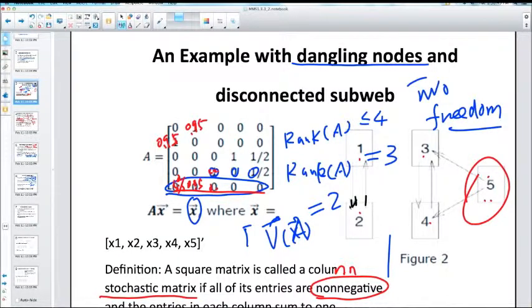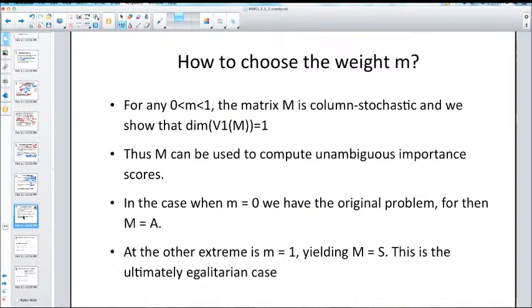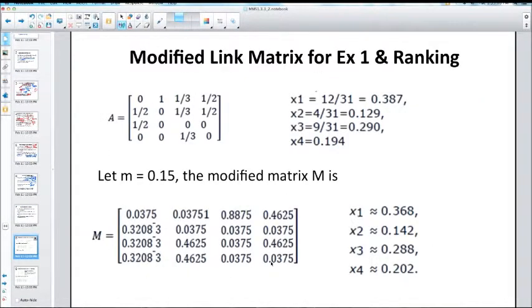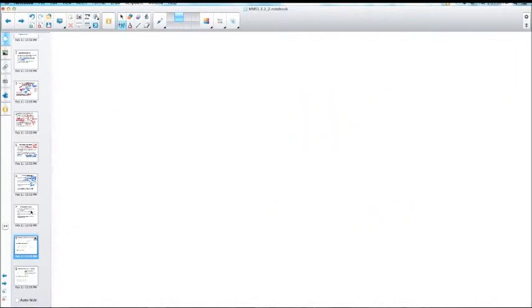And that solves 2 problems. First, you don't get the dangling node, and also it connects the subweb. That solves all the problems. So once you get this idea straight, you just need to write the math. The mathematics is this.